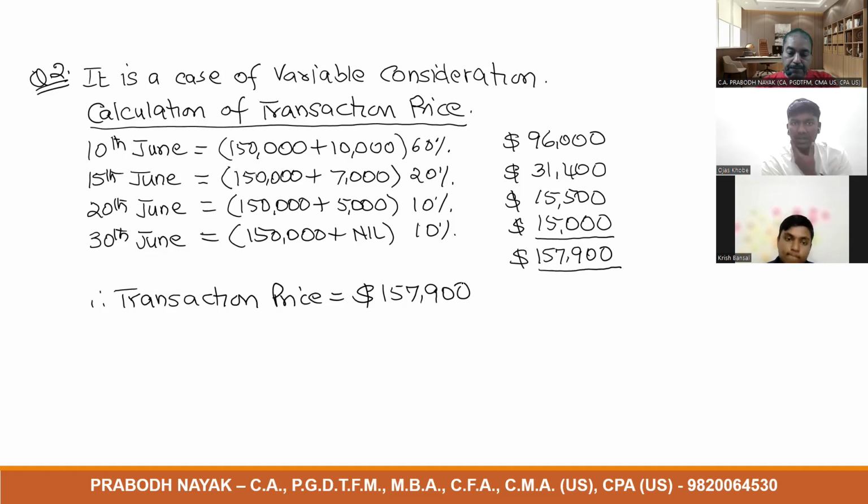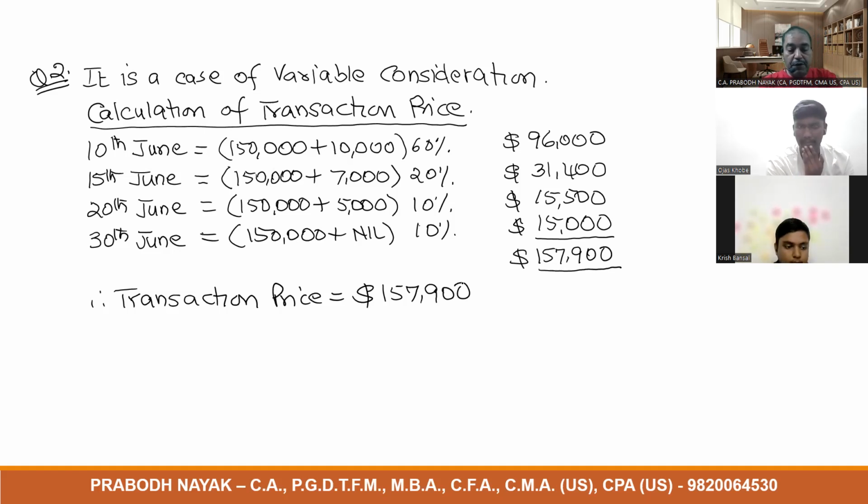Sir, I had one doubt. The company is paying us 150,000 for the manufacturing unit. So basically the transaction price is 159? No, if it is straight away given that the agreement says that we are going to pay 1,50,000, then that is 1,50,000 single price.